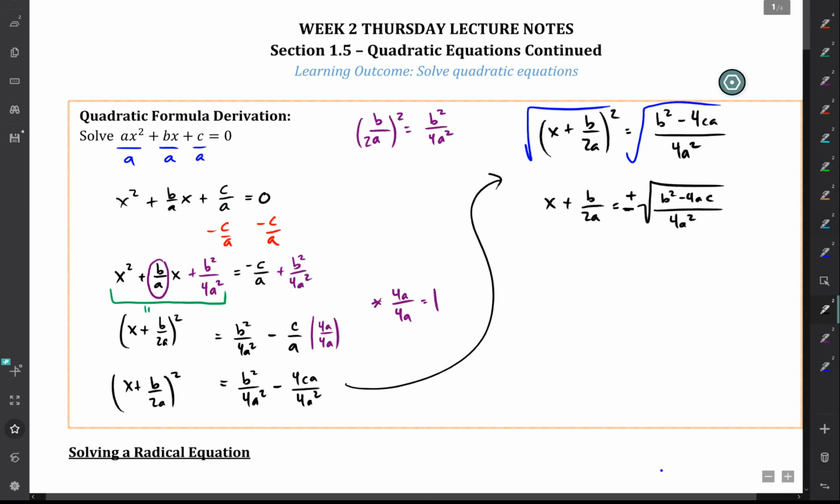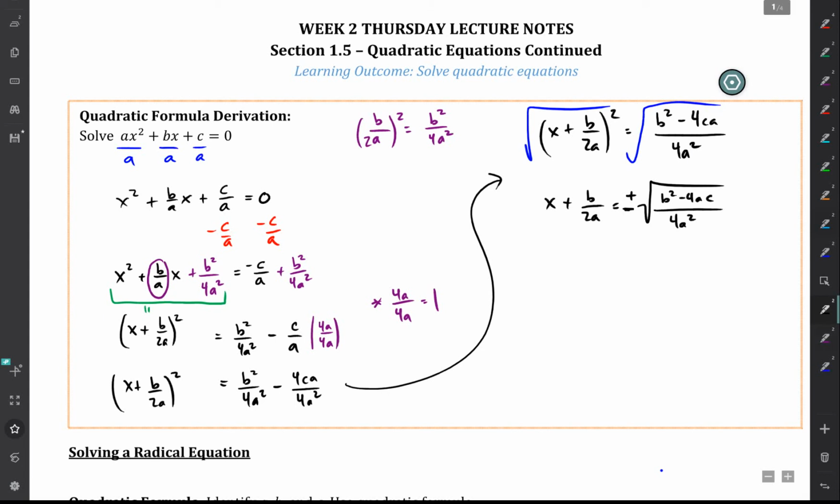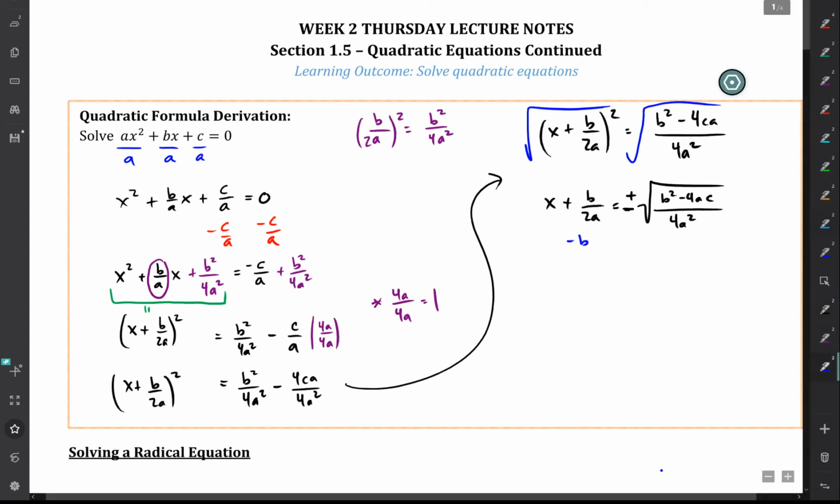Alright, and now I can subtract b over 2a from both sides. And what we're left with is x is equal to the opposite of b over 2a plus or minus the square root of b squared minus 4ac, and that's all over 2a.